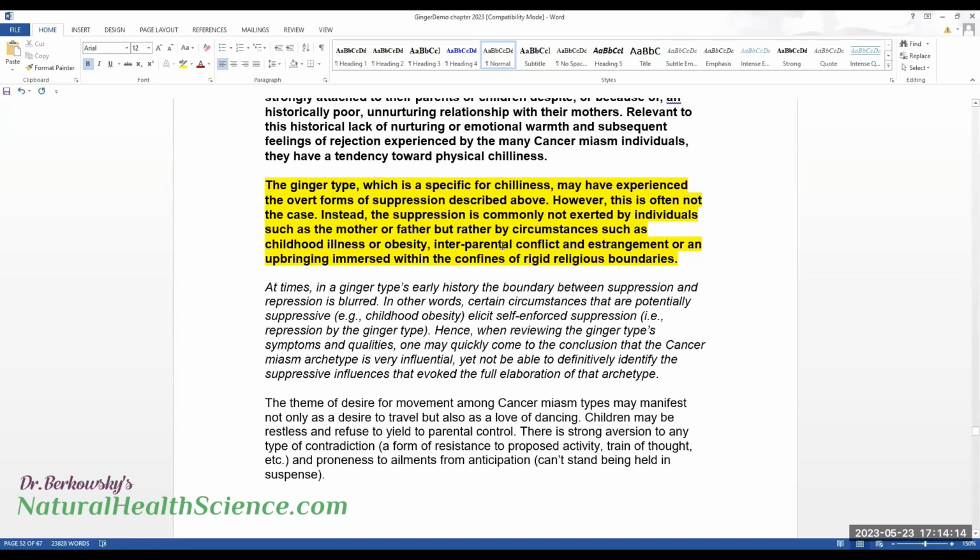There was a lot of fighting in the house between the mother and father. And this led to a type of suppression where she didn't want anybody to know what was going on in her house. An estrangement or an upbringing immersed within the confines of rigid religious boundaries, which would also create this suppression. Okay, so this is what you're looking for in the ginger type individual.